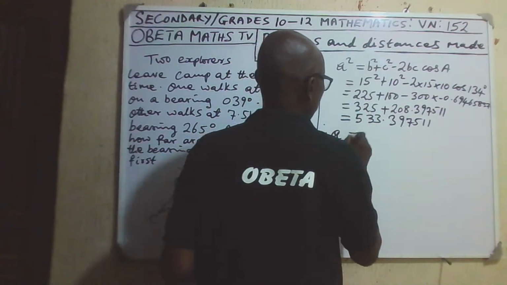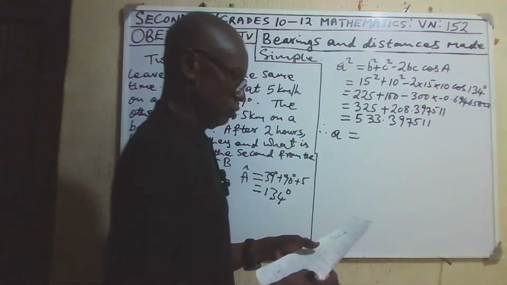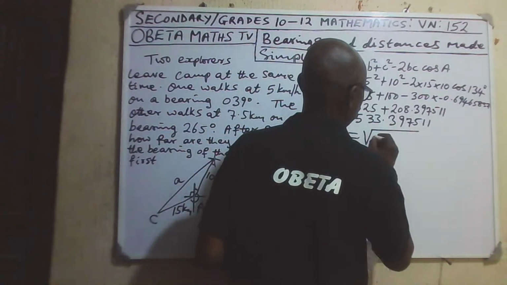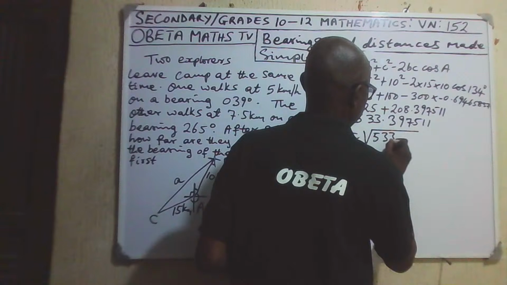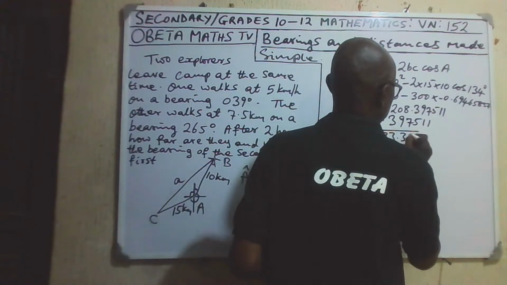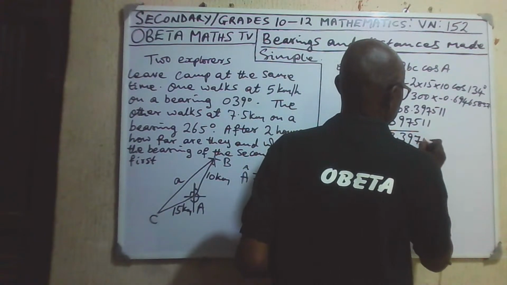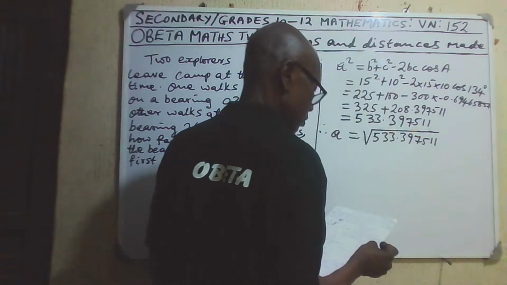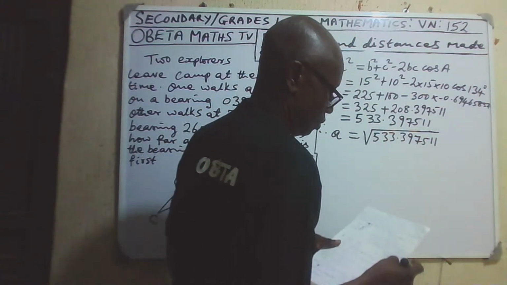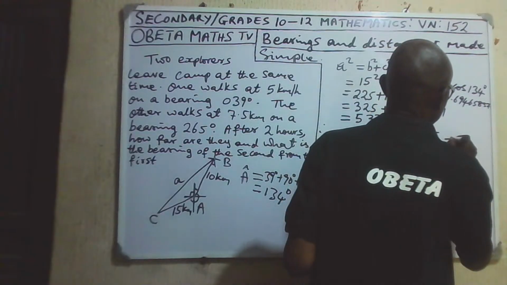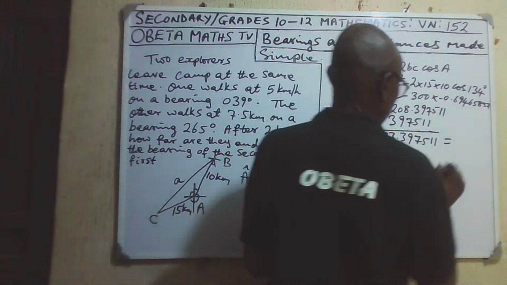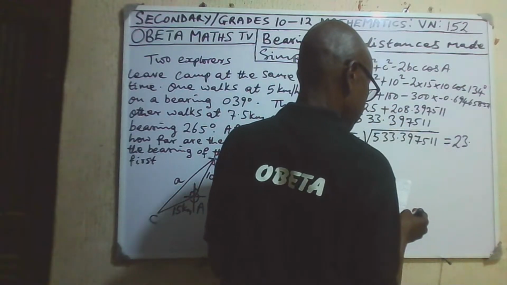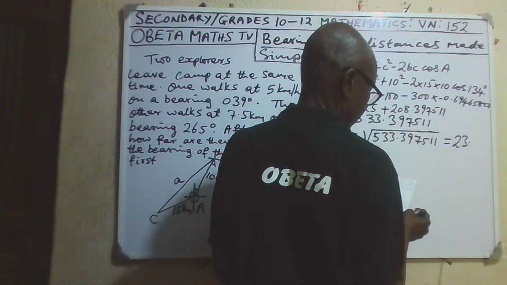Therefore, a is equal to the square root of 533.397511, and finding the square root, that will give us 23.0954.